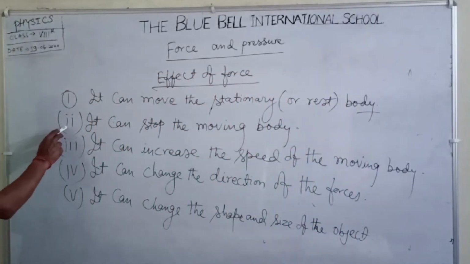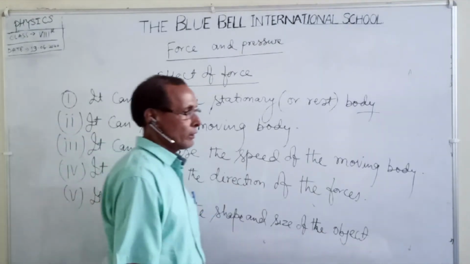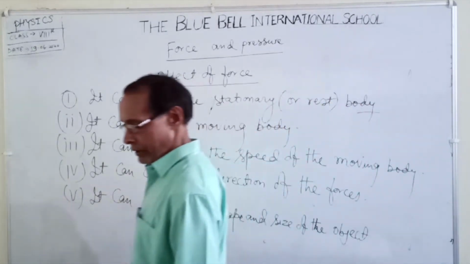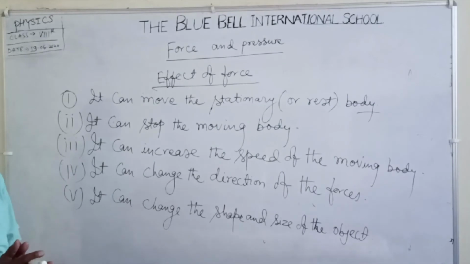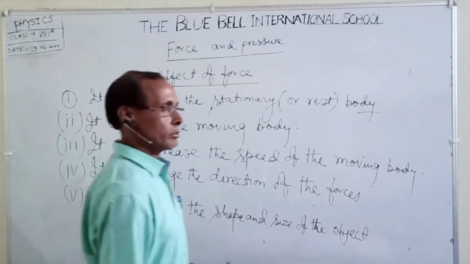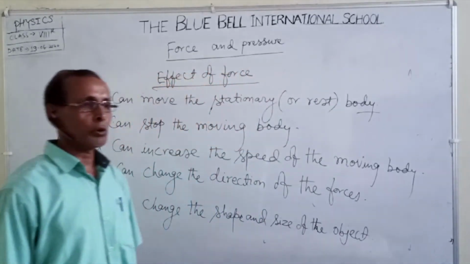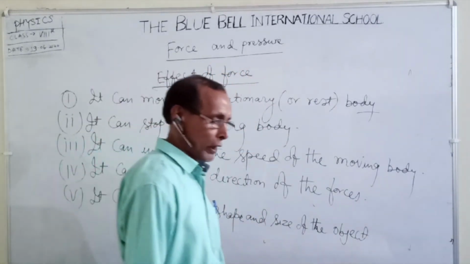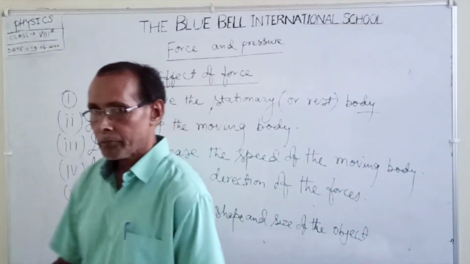For example, consider a car which is at rest. If you apply force, it will move from its position. It does not matter how much it is moving, but even if it moves by a very small distance, that is also very important.